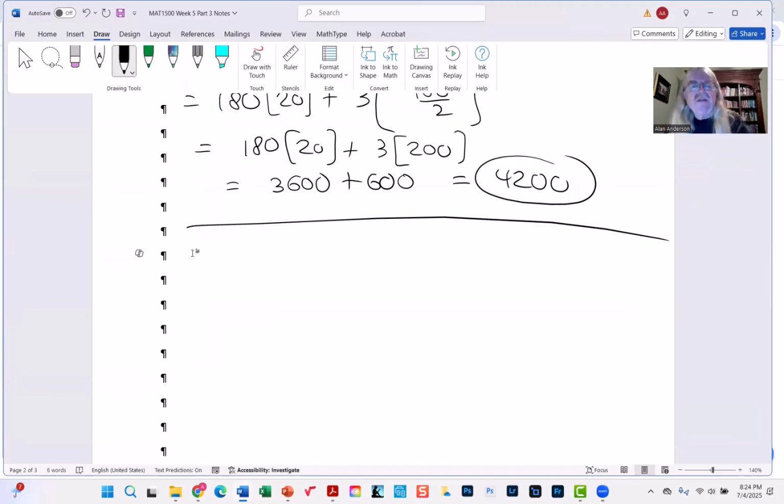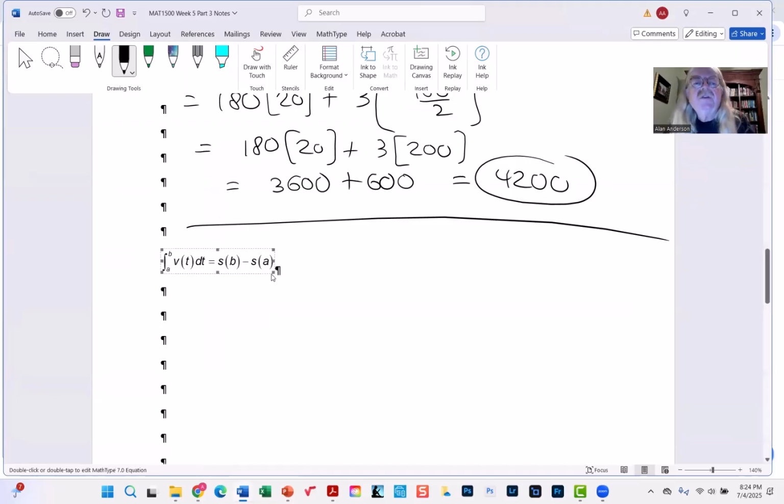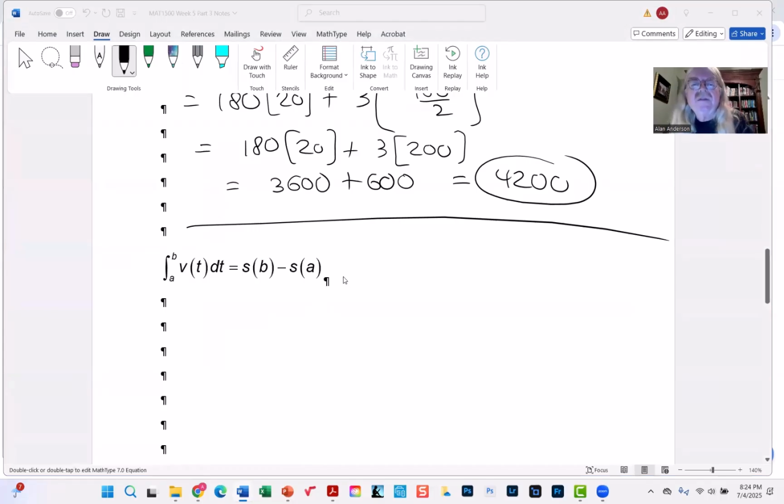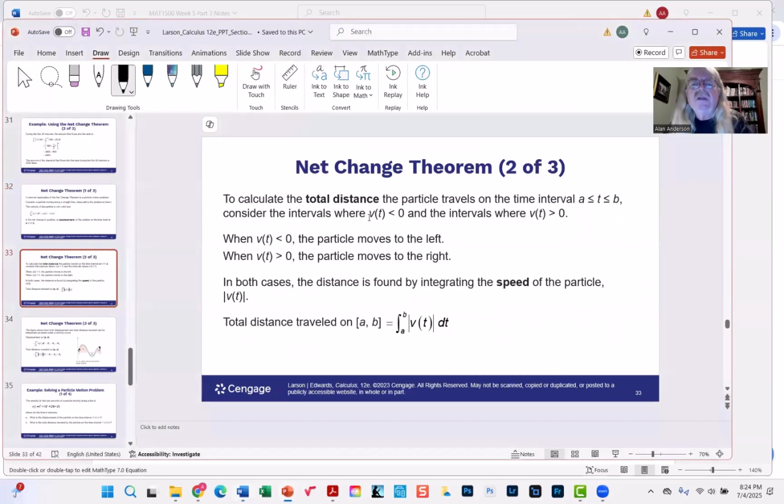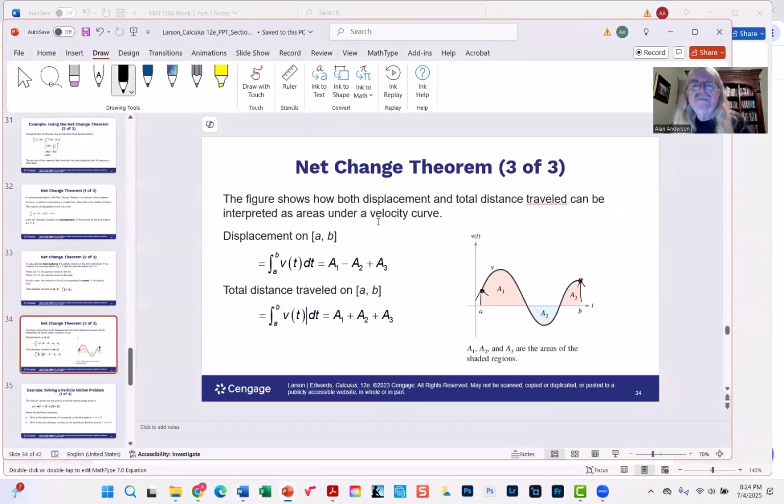And by the way, they're going to make a distinction between two different concepts. One of them is called displacement, and one of them is distance. Okay, so in other words, if you look at these graphs, you'll see this is what they're referring to as displacement and distance traveled.